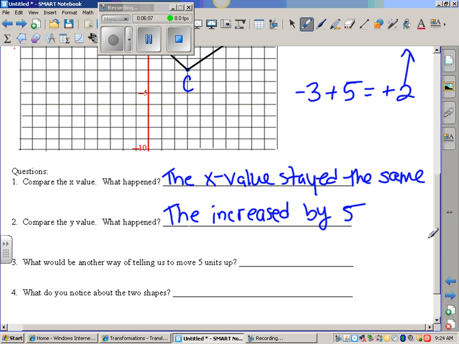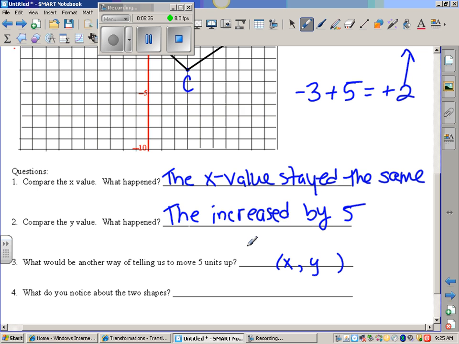What would be another way to tell us to move 5 units up? You're not always going to see it written out for you in words. Move 5 units along the y-axis. That's not how we're going to do it. But if you take what we figured out right here for your answers to 1 and 2, the x value stayed the same. We did nothing to it. But we increased our y by 5. Well, isn't every coordinate made up of an x and a y?